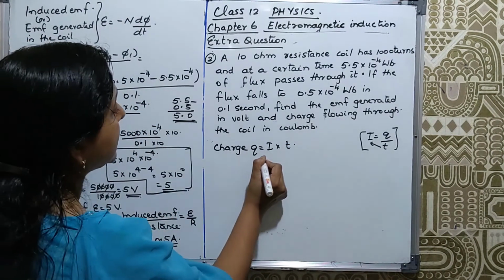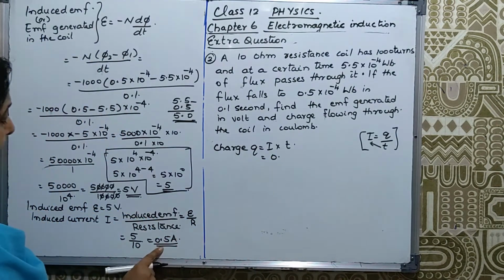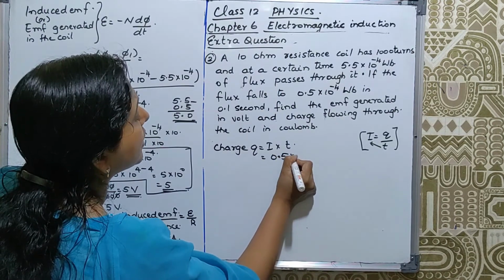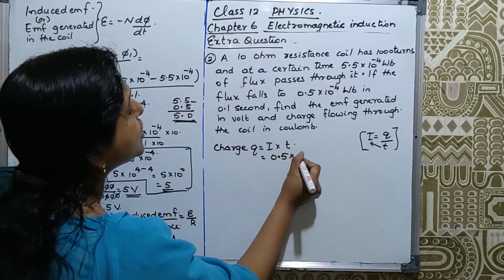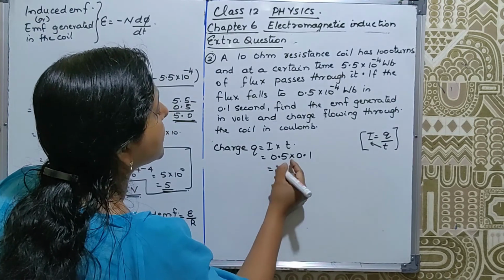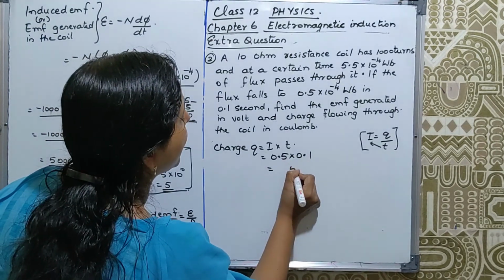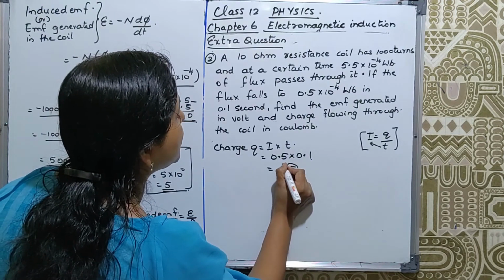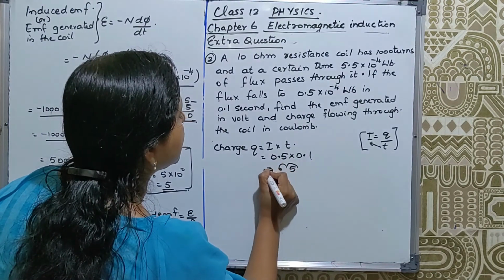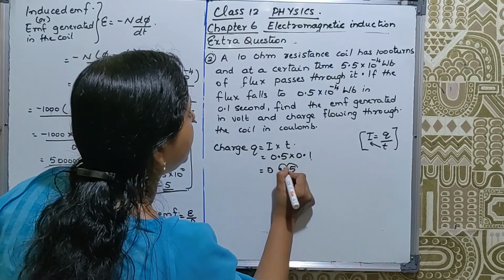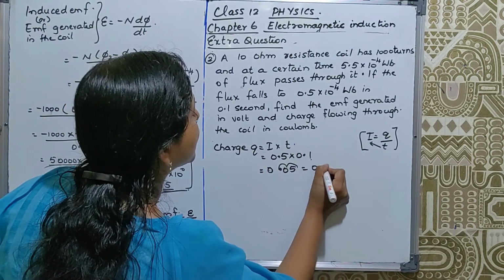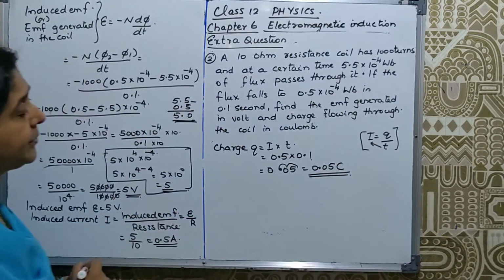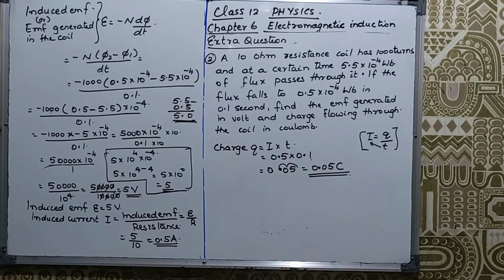Induced current was 0.5 ampere, into time taken, that same dt, 0.1 second. So when you multiply, 5 ones are 5, move the decimal point 2 places towards the left, so it will be 0.05. The unit of charge is coulomb.